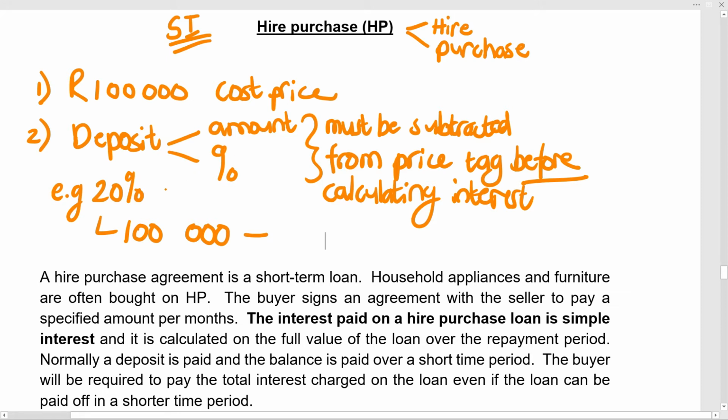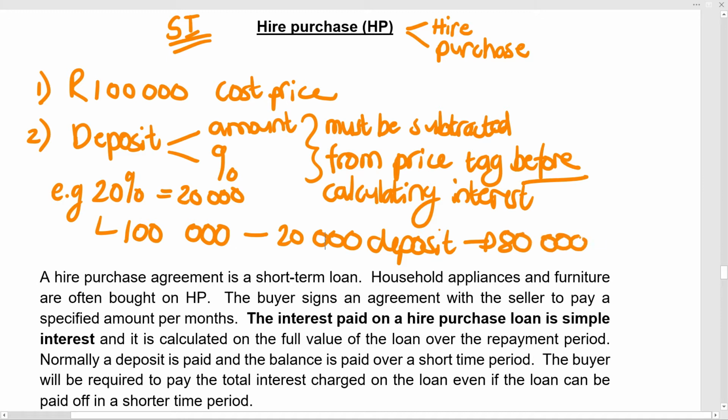It's 20,000. So what goes into the simple interest calculation is my 100,000 Rand price tag minus my 20,000 Rand deposit, which means my 80,000 Rand goes into my simple interest calculation.